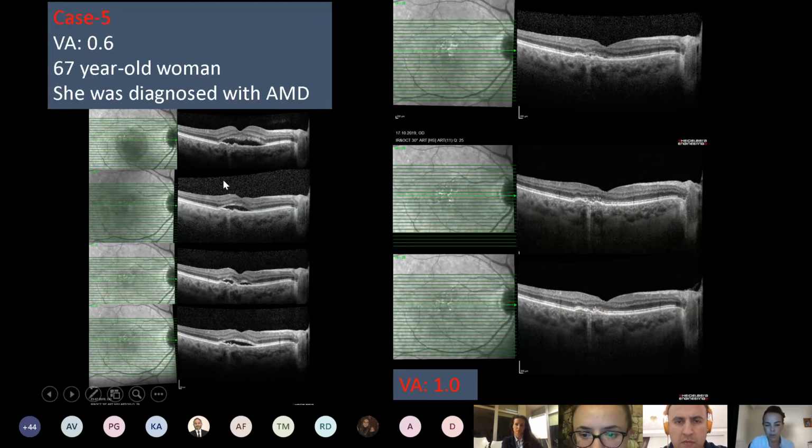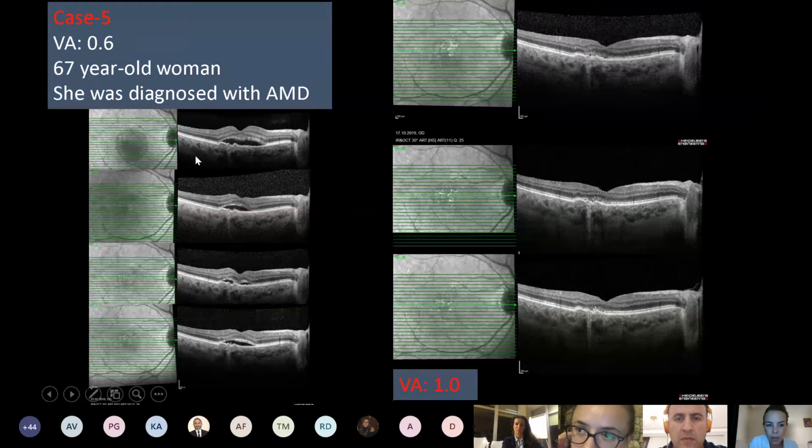It was getting better, but after 7 months I still had subretinal fluid, like in the starting picture. So I decided to change my treatment.